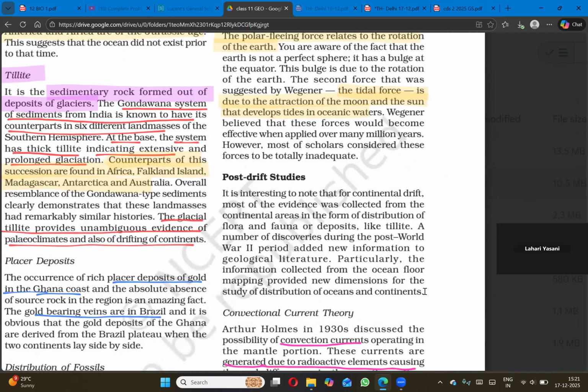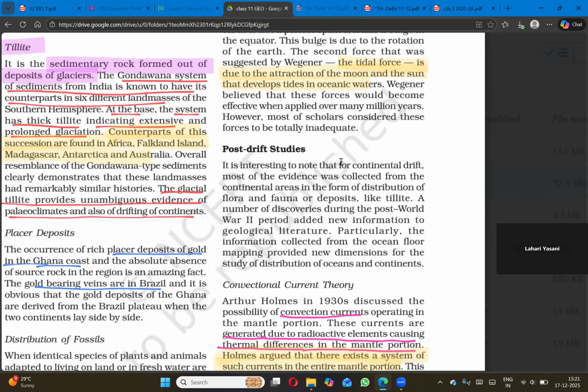But later, it is interesting to note that for continental drift, most of the evidence was collected from continental areas in the form of distribution of flora and fauna or deposits like tillite. A number of discoveries during the post-World War II period added new information to the geological literature, particularly the information collected from ocean floor mapping.